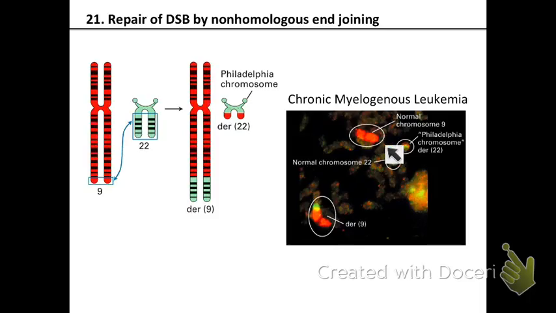So what you can see is the normal chromosome 9 in this person is completely red, and normal chromosome 22 is green. And what you can see here is that this person is carrying a chromosome where part of chromosome 22 is now fused to chromosome 9, giving this kind of pattern, right? And here's the Philadelphia chromosome, which is tiny and contains sequences from chromosome 9. All right.